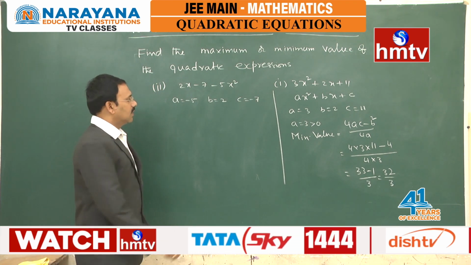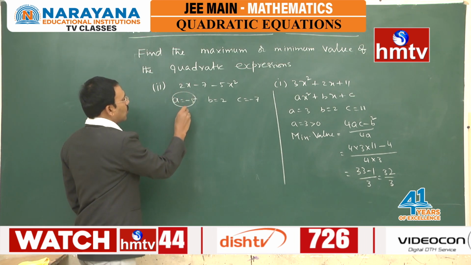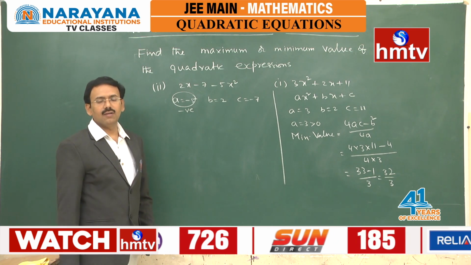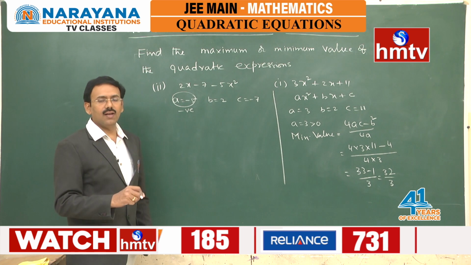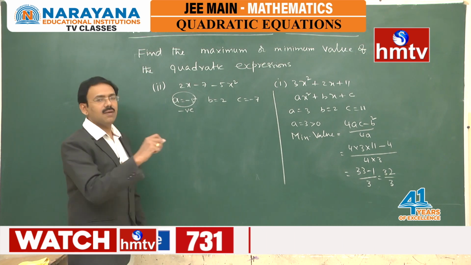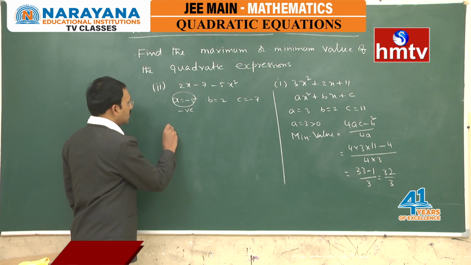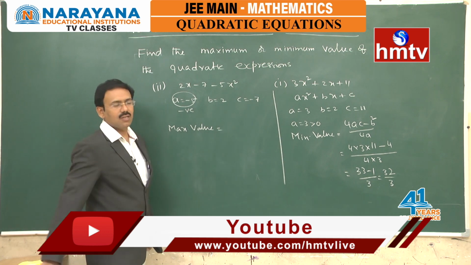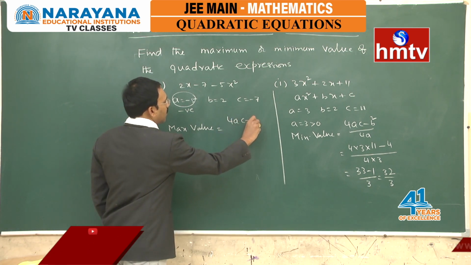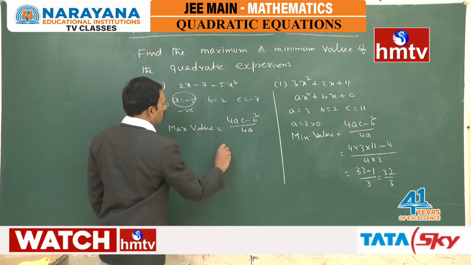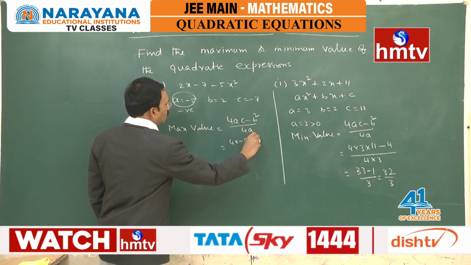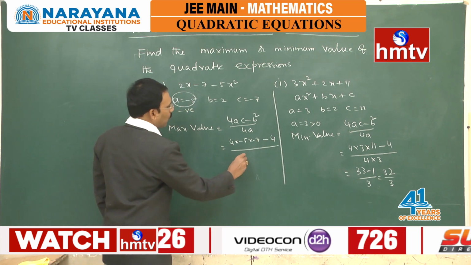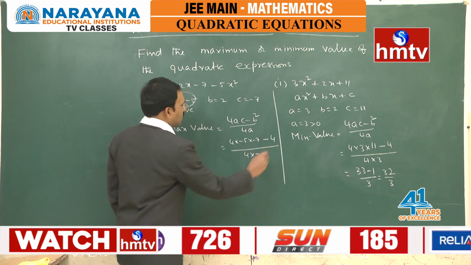In this case, we can say that as x square coefficient a is negative, the parabola will be a down parabola and it will have maximum value, and that value is (4ac minus b square) by 4a, which is 4 into minus 5 into minus 7 minus 4, by 4 into minus 5.